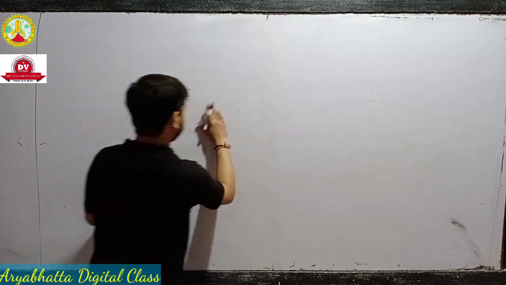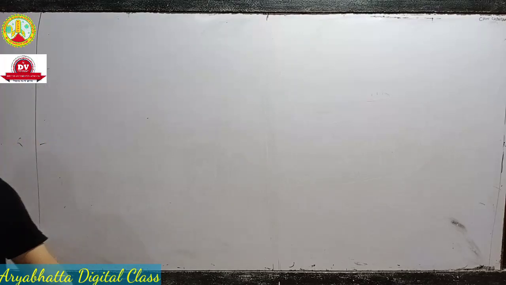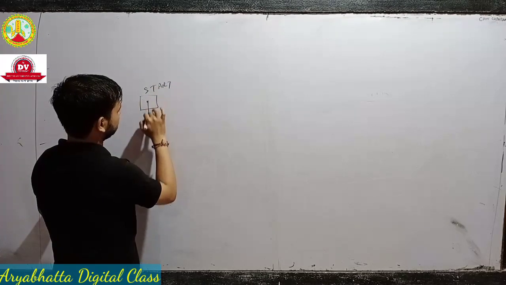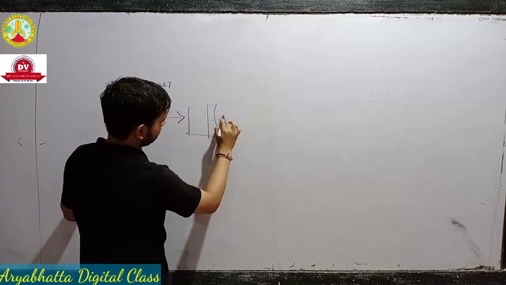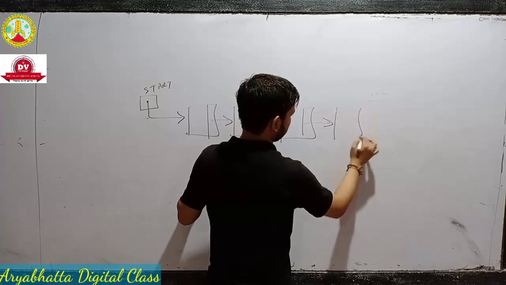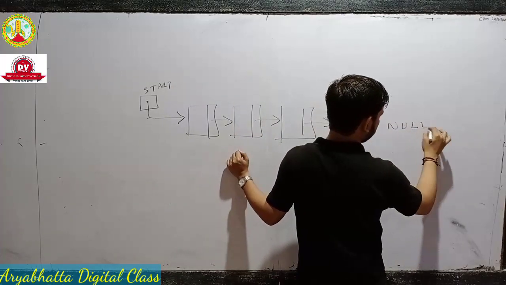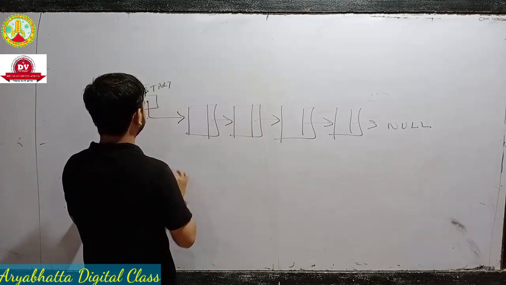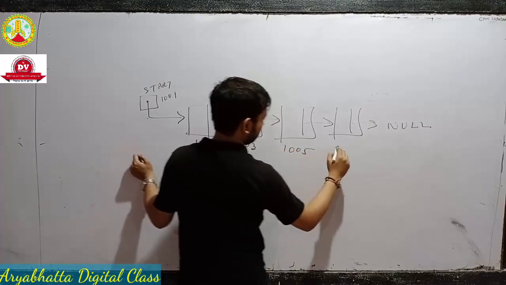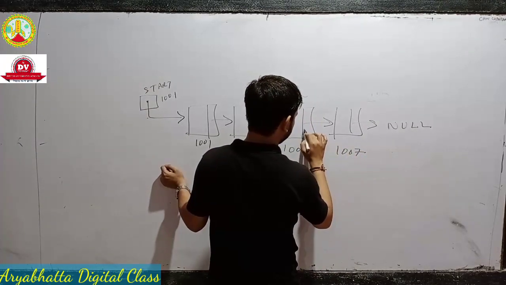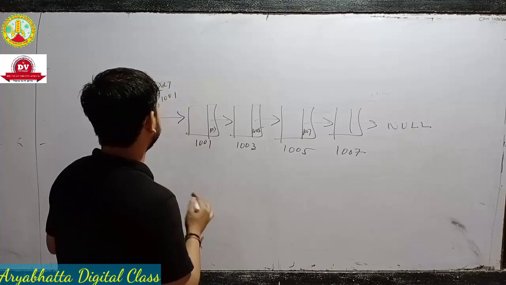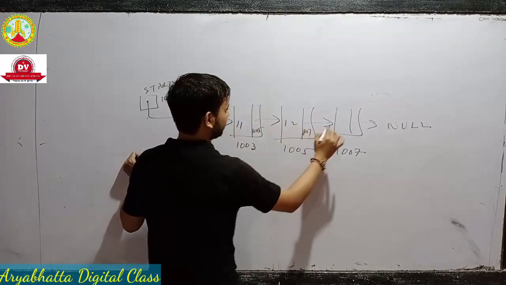Insertion at the middle part. Suppose this is a list. Suppose this is a list, with addresses 1001 and so on. The elements are suppose 10, 11, 12, 13.